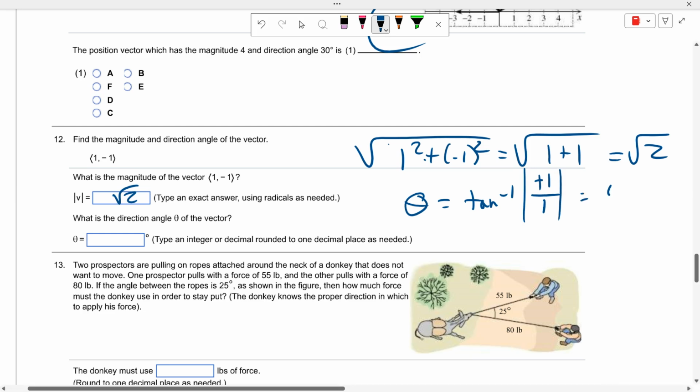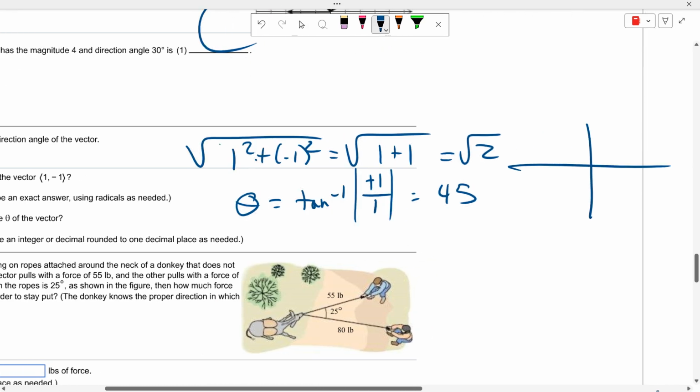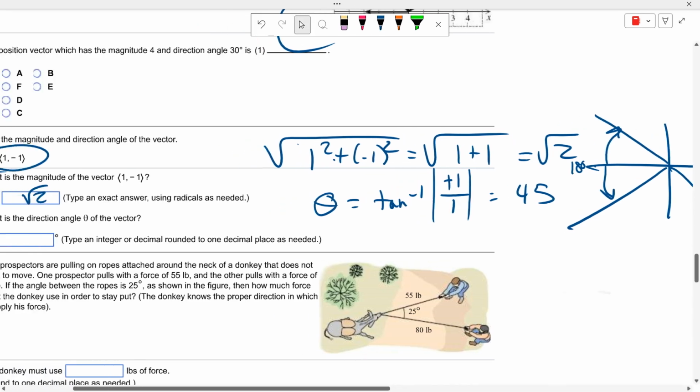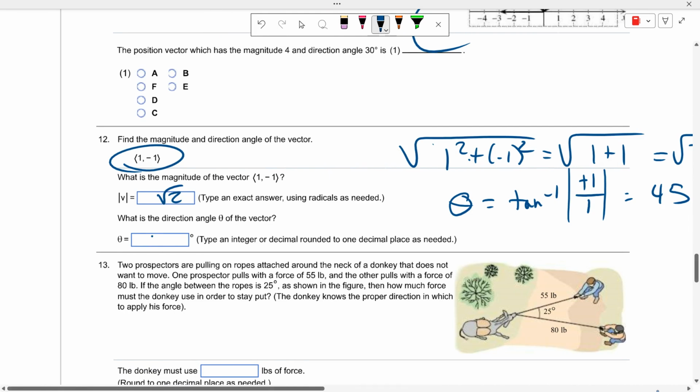Inverse tangent of this is 45 degrees. Now, what quadrant am I in? 4. So if I'm in quadrant 4, I'm 45 degrees down from the horizontal, so you take 360 minus 45. If you're in this quadrant, you take 180 plus whatever it is. If you're in this quadrant, it's 180 minus whatever it is. You always go from the horizontal. You never go from 90 or 270. So it's 360 minus 45, which is 315 degrees.